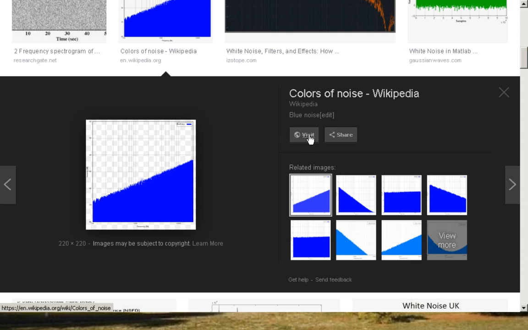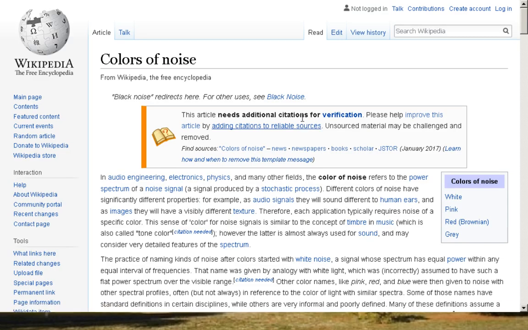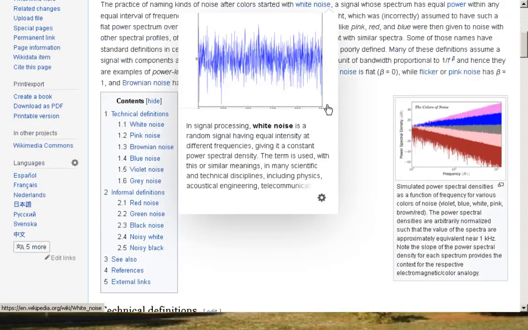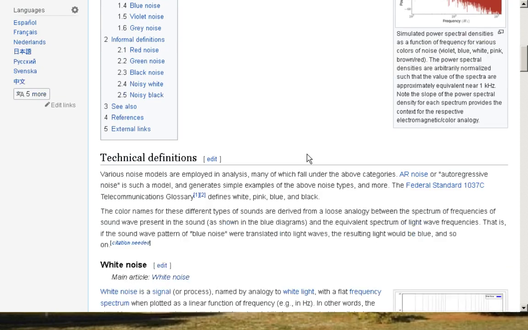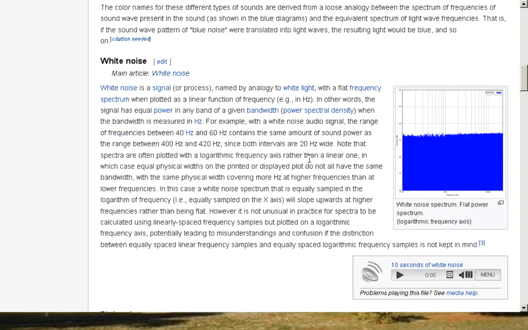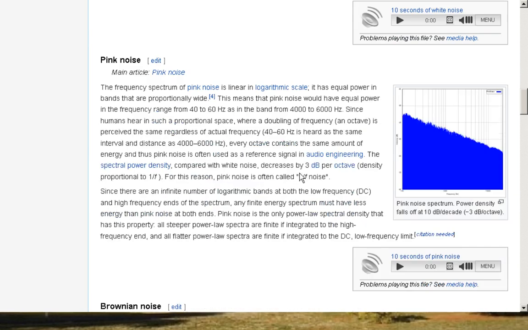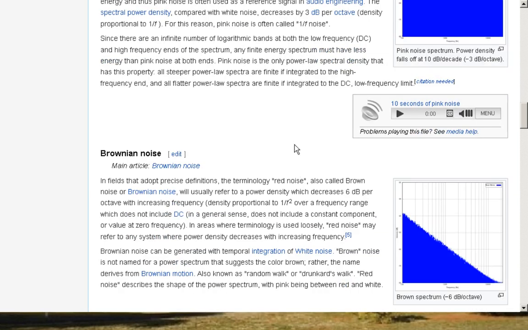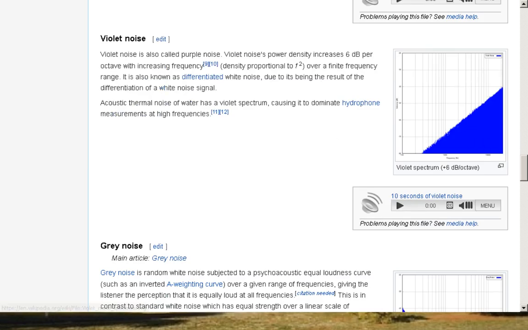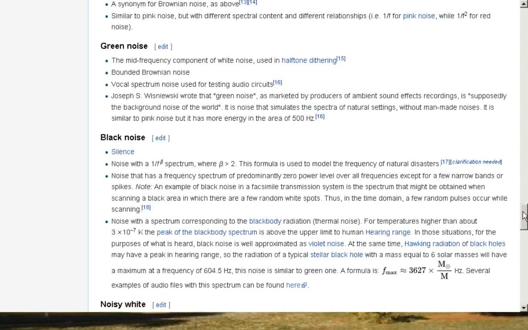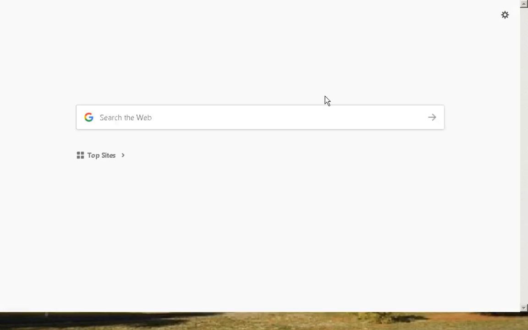Noise has color, and color is related to temperature. And they're not going to talk about that, I'll bet you, because it's advanced.